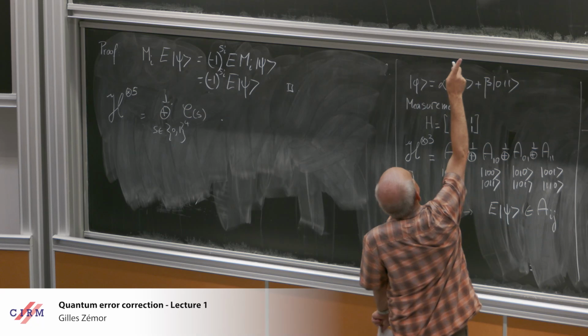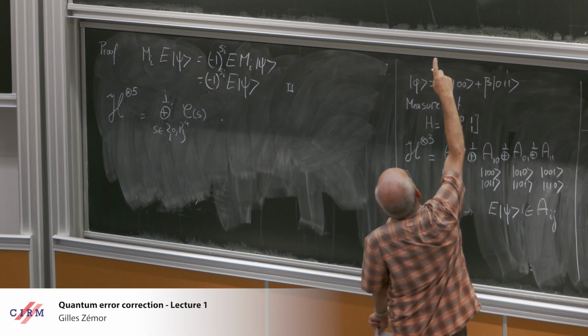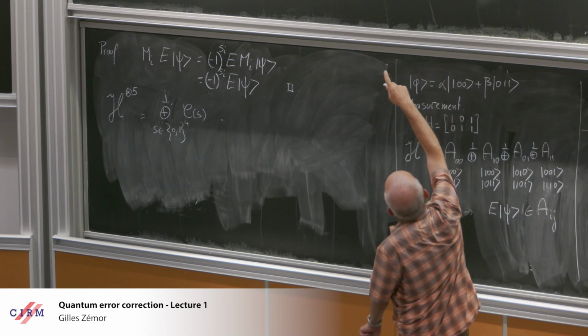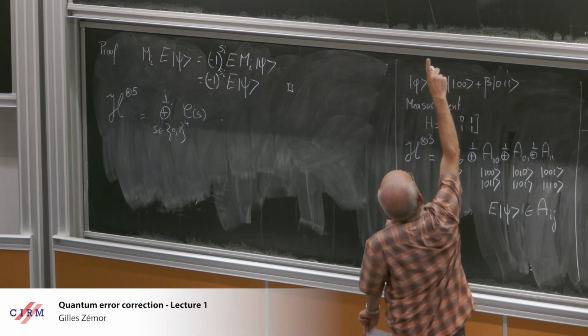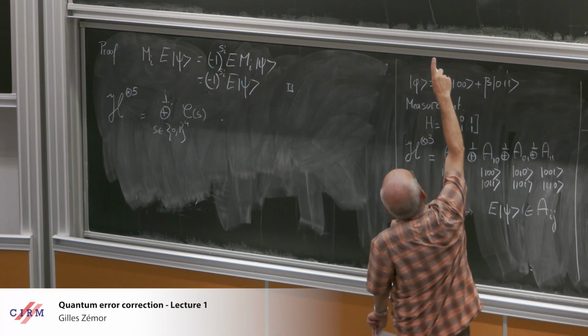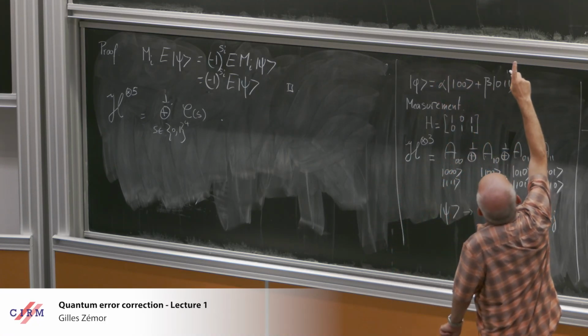So these are eigenstates of the operators Mi. And now the Mi have been defined, this is why there's a little i in front of X times Z, such that Mi squared is always identity. So its eigenvalues are plus or minus 1.